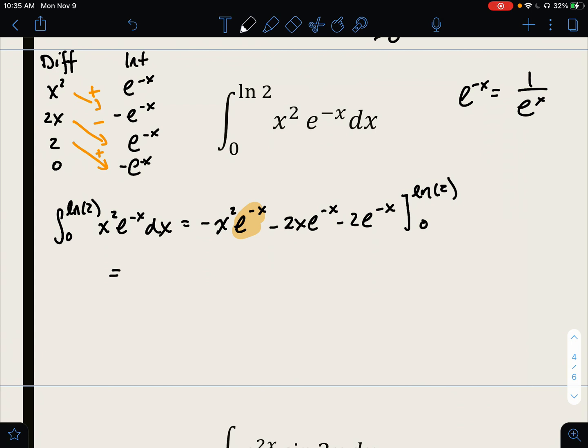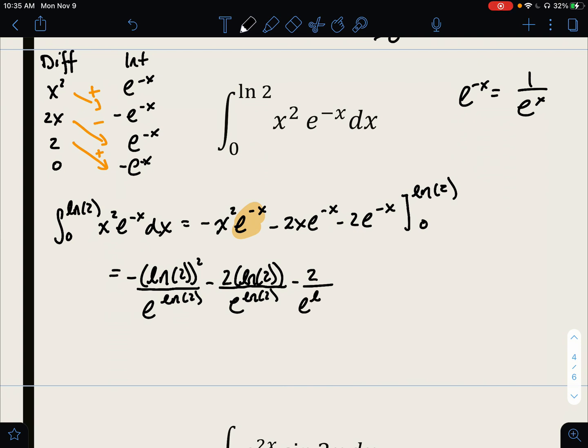So first plugging in ln of 2, I get negative ln of 2 squared over e to the ln of 2 minus 2 ln of 2 over e to the ln of 2 minus 2 over e to the ln of 2.